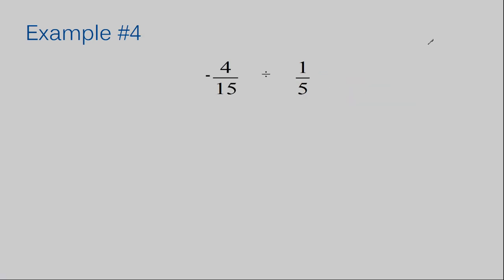Example number 4. This time we're dividing, okay? We need to remember the rules for division of fractions. So again, I'm going to ignore this negative sign right now, and I'm just going to remember my rules for dividing fractions. And those rules say keep it, change it, flip it. And so I'm going to keep my 4/15 the same.